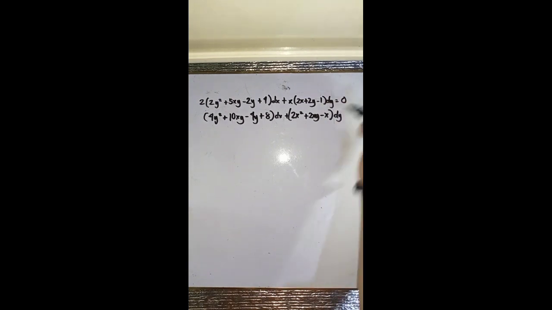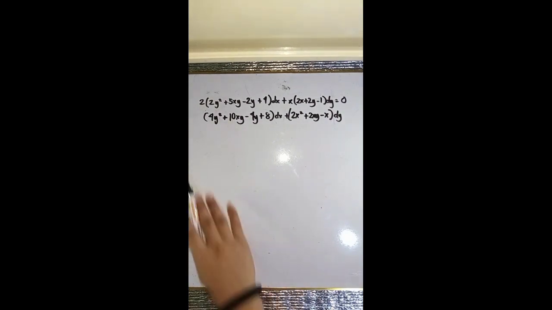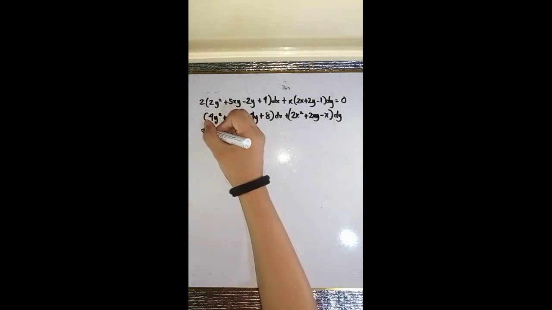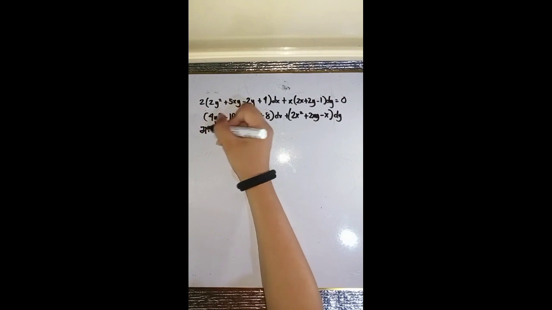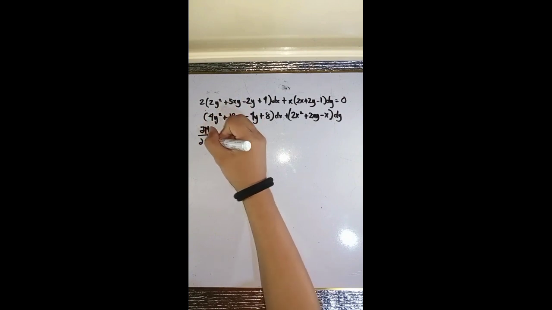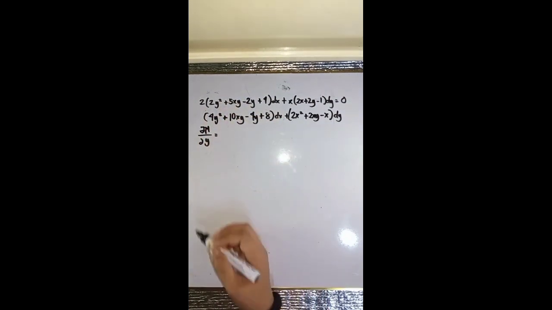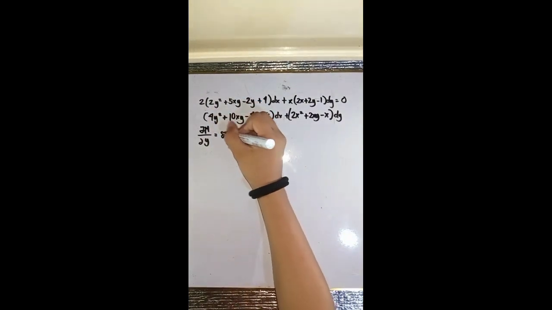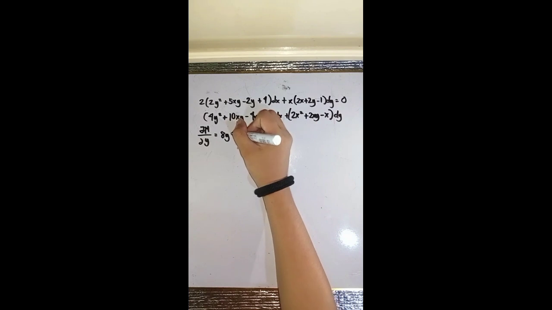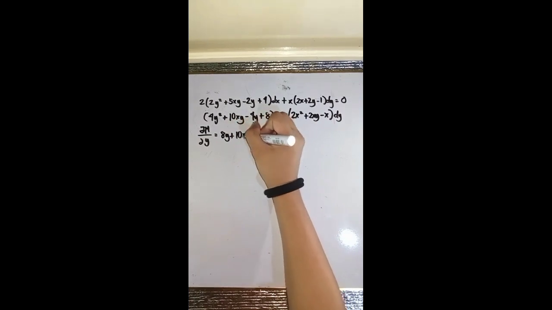Now that we've simplified the equation, we can look for the partial derivative of M with respect to y, which is equal to 8y plus 10x minus 4.